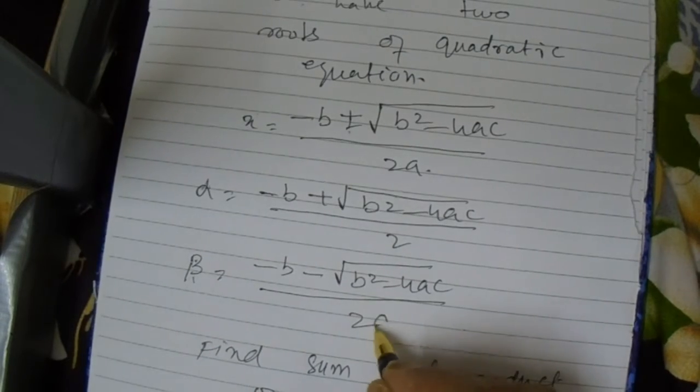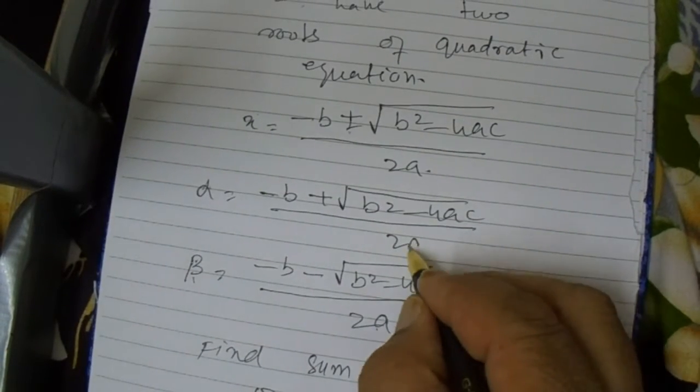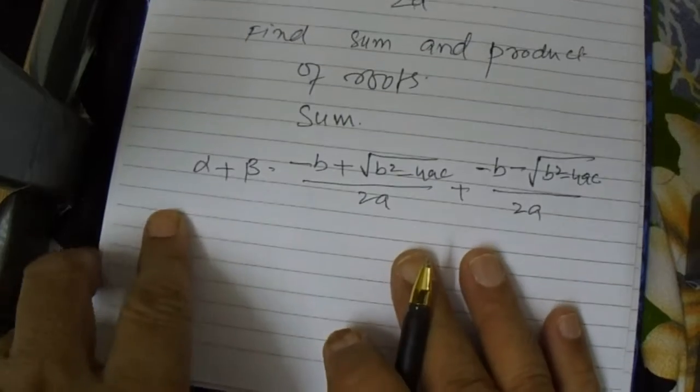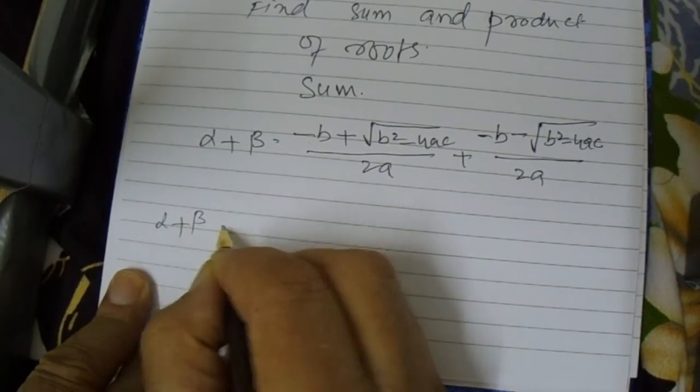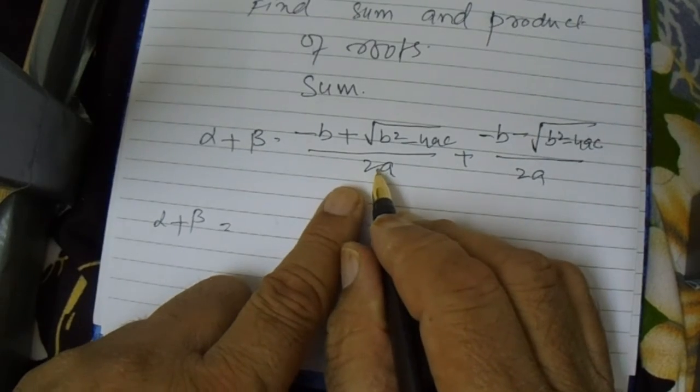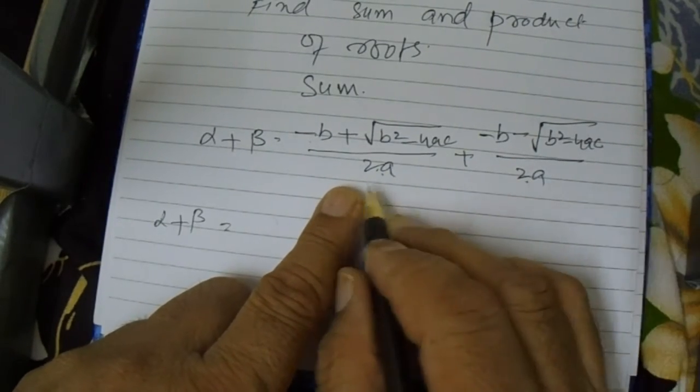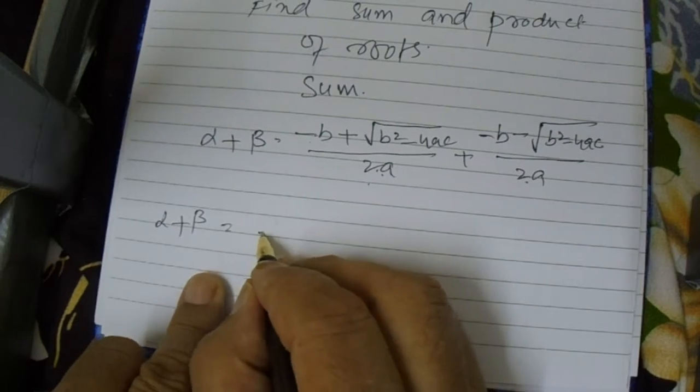Also here 2a. Now we have 2a in the denominator in both, and the LCM of this and this is 2a.